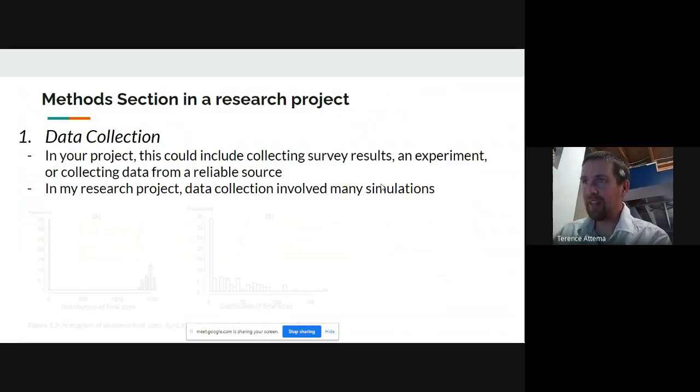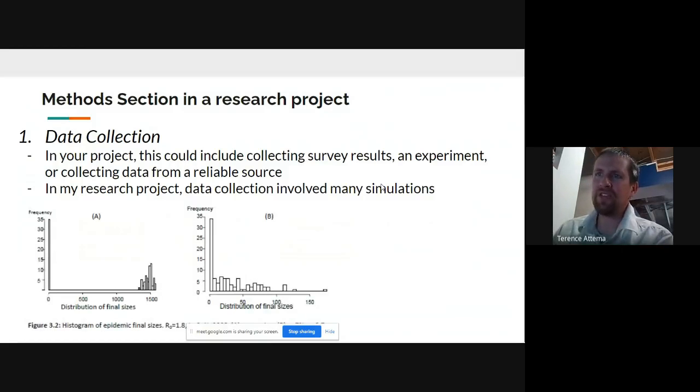These are some histograms of particular simulations of my population of 2,000. I started with 2 infected people and a reproductive number of 1.8. Remember from last week, if your reproductive number is bigger than 1, your disease will probably grow.